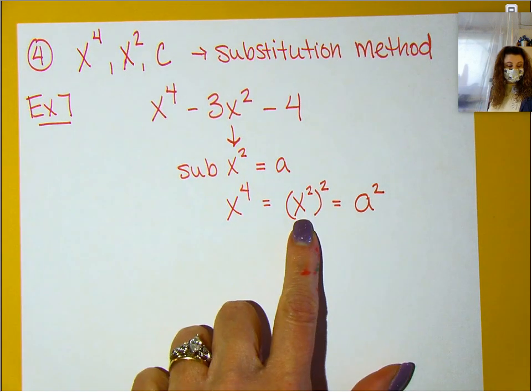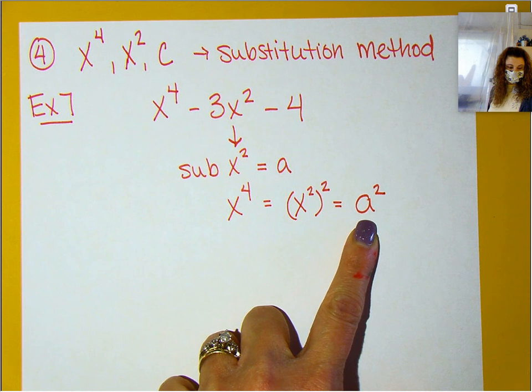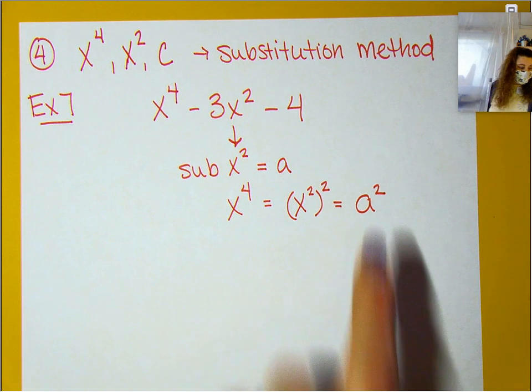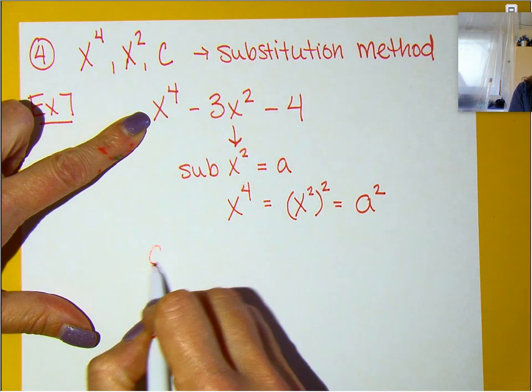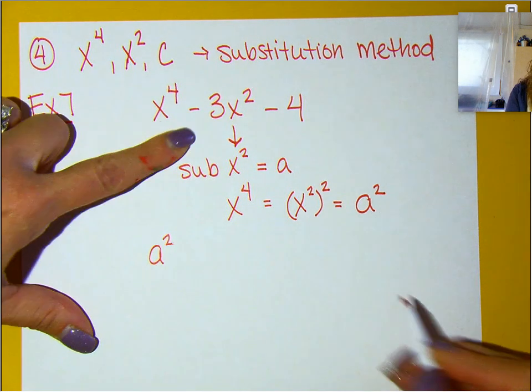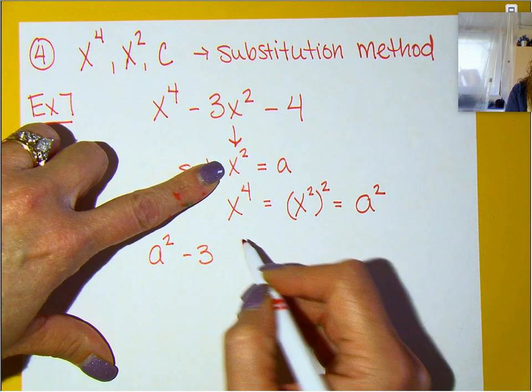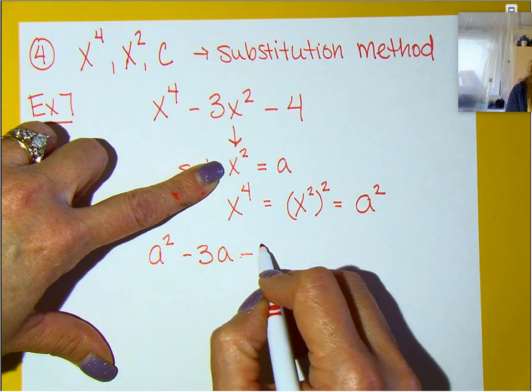So we're replacing x squareds with a's. So then when I go back and I'm doing this x to the fourth, I'm going to change it to an a squared minus 3a minus 4.